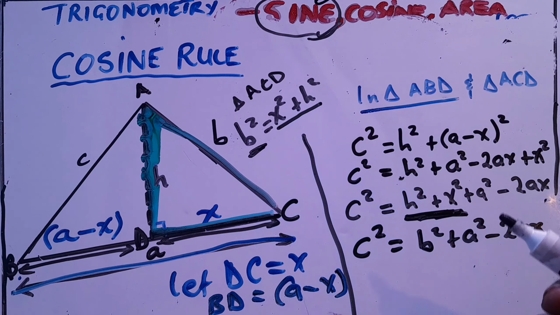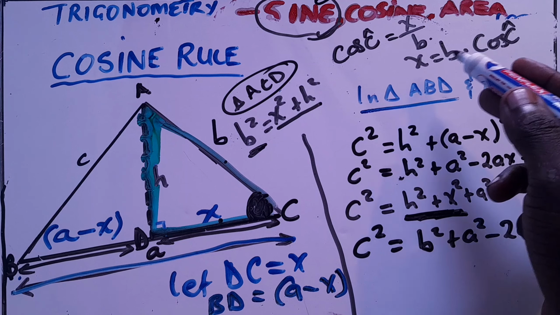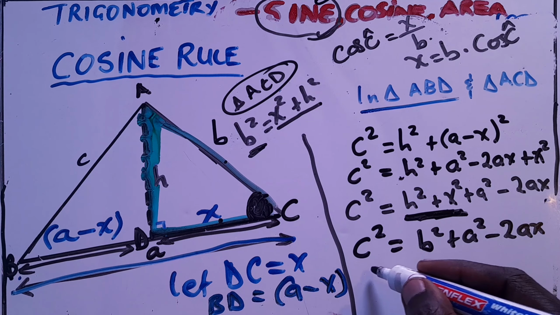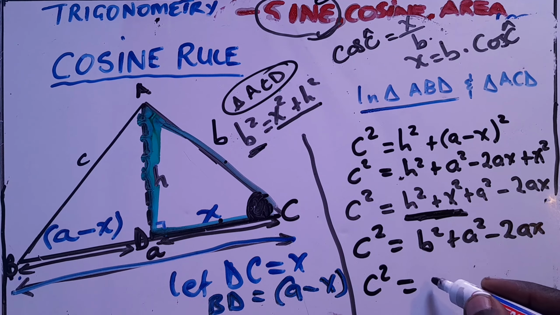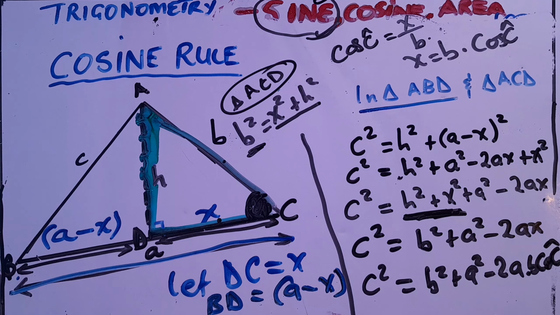Yes. So we can replace this X by this. So our C squared becomes B squared plus A squared minus 2A multiplied by B, and then cos of angle C. So this is the proof of the cosine rule.